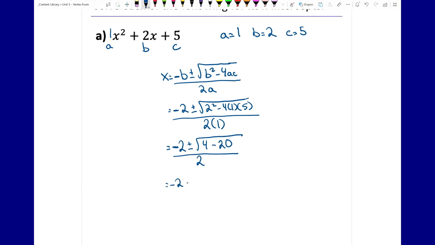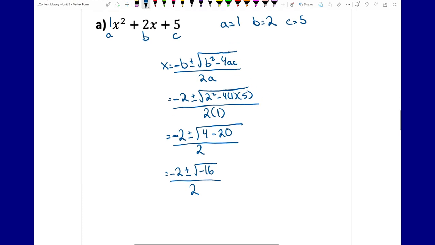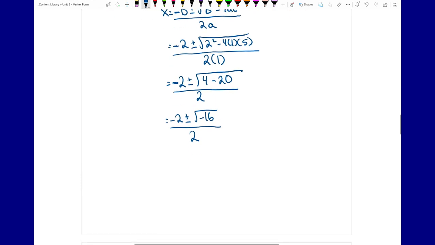I get negative 2 plus or minus the square root of negative 16 divided by 2. Now in this case, we could split it up into two parts: negative 2 plus the square root of negative 16 divided by 2, and negative 2 minus the square root of negative 16 divided by 2.